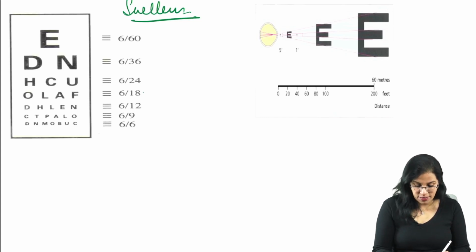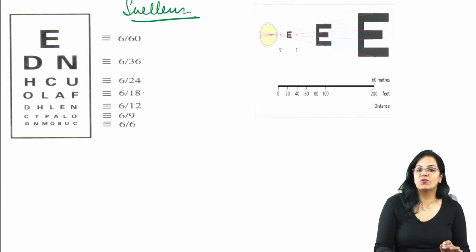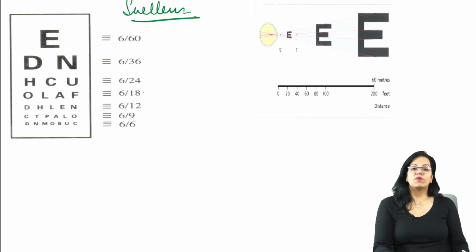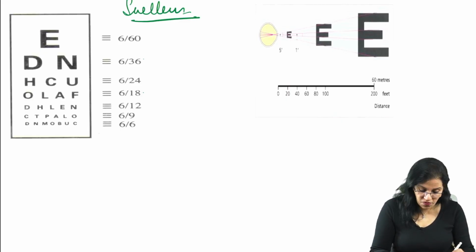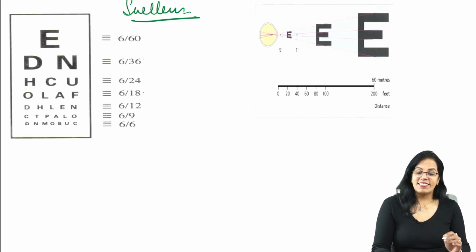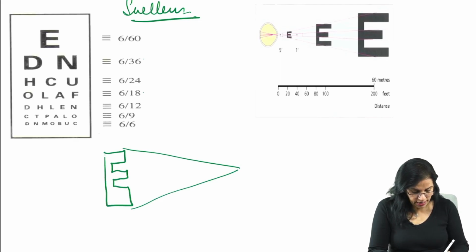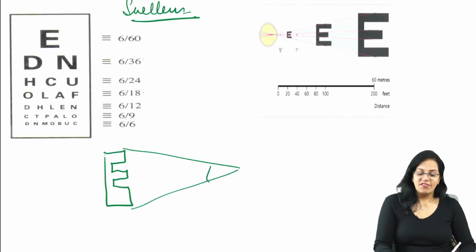Similarly 6 by 18, 36, 60 and so on, right? So this is your Snellen's acuity chart, and what is the basic that you have to know? Every letter in the chart subtends an angle of, if you are looking at a letter E, suppose, the whole letter will subtend an angle of 5 minutes.